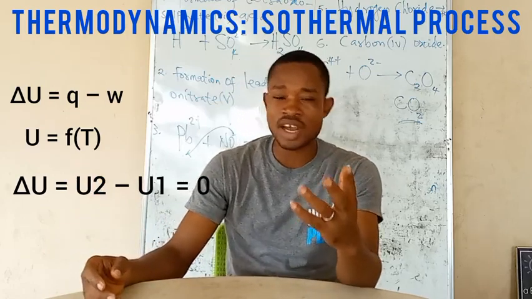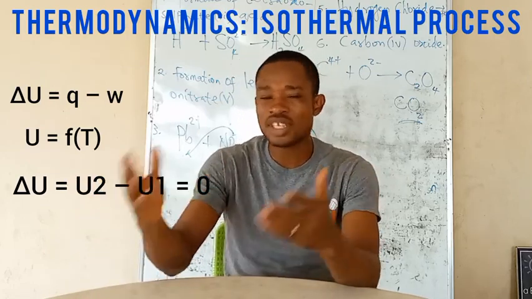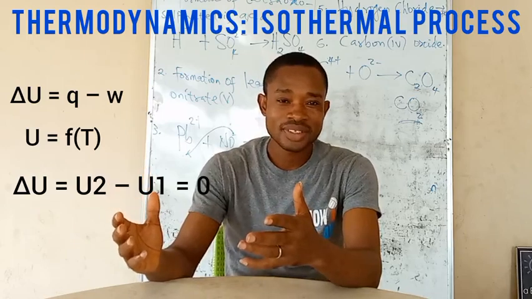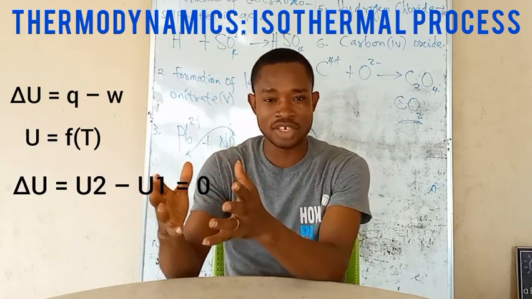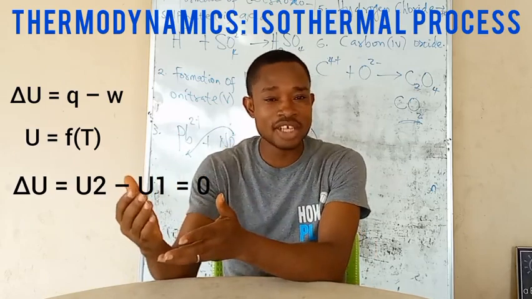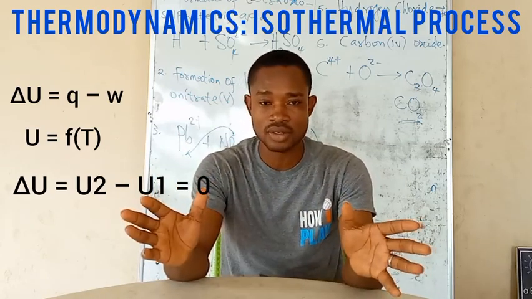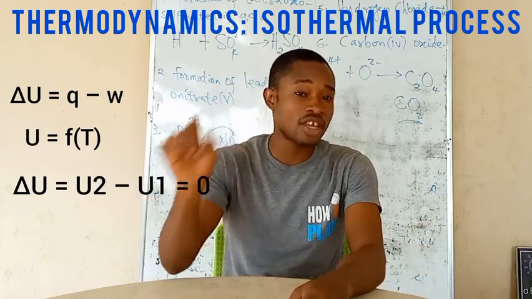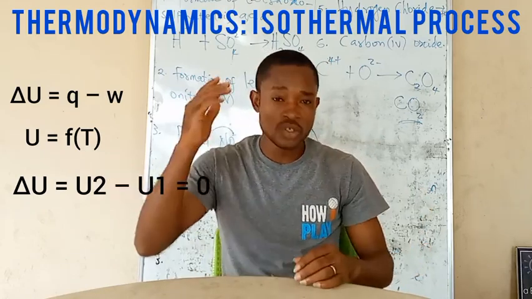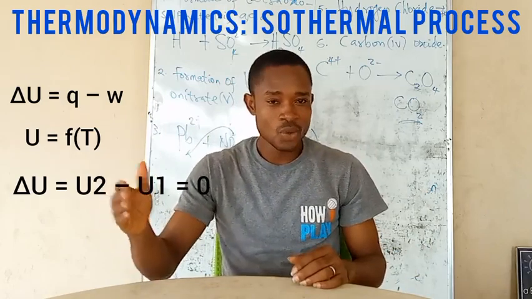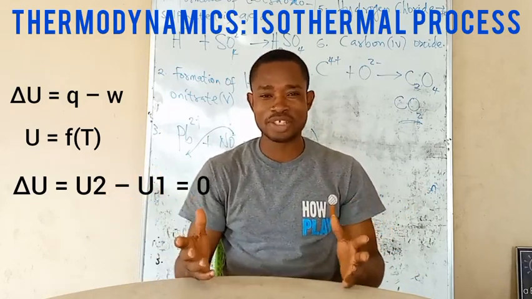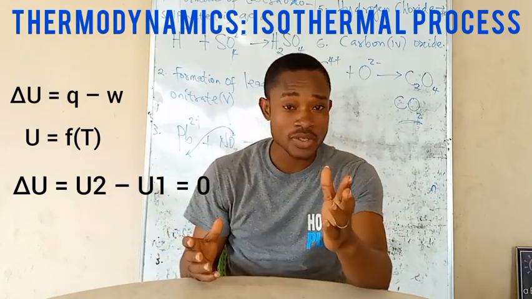Imagine that I give you the internal energy of the system to be 20 kilojoules. Say that is the initial internal energy. The final internal energy U2 will also be 20 kilojoules since internal energy is constant. And hence, delta U, which is change in internal energy, U2 minus U1, will give you 20 kilojoules minus 20 kilojoules. And that will be equal to what? 0.